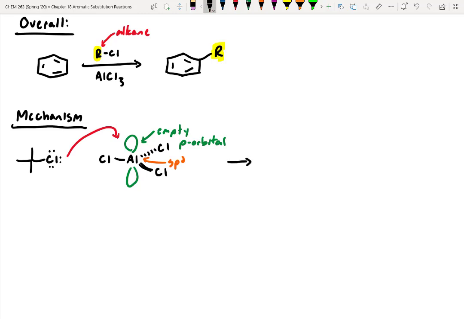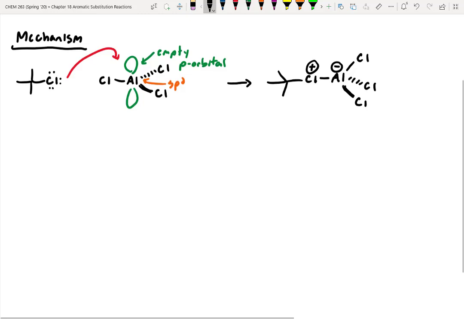All right, so let's take a look at the next intermediate. So we've got the chlorine now bonded to the aluminum. The aluminum is actually going to change hybridization from sp2 all the way to sp3 and therefore become tetrahedral. So we've got this intermediate now, and this intermediate is really unstable primarily due to the fact that chlorine does not want that positive charge.